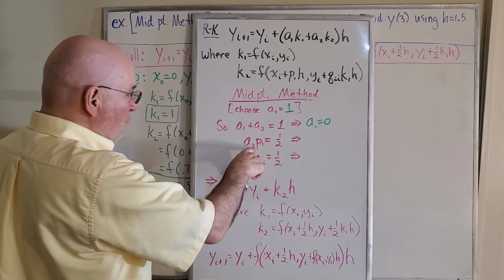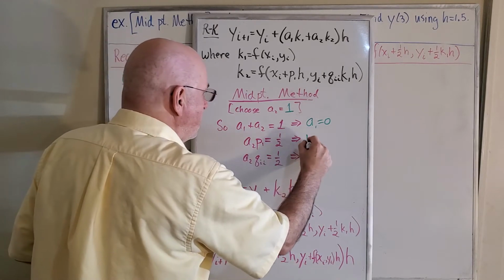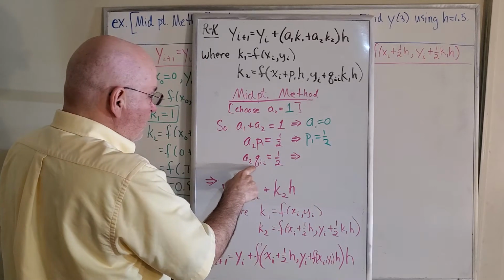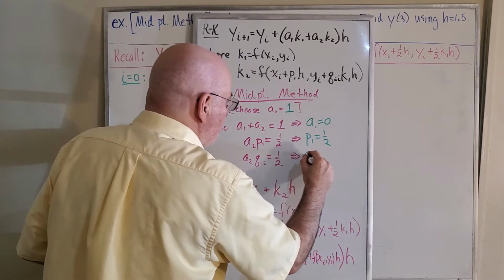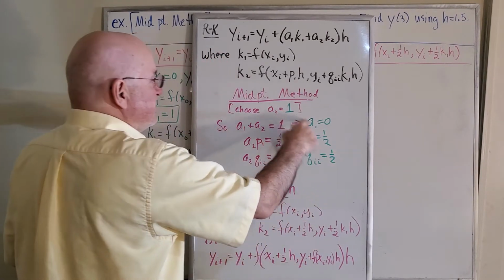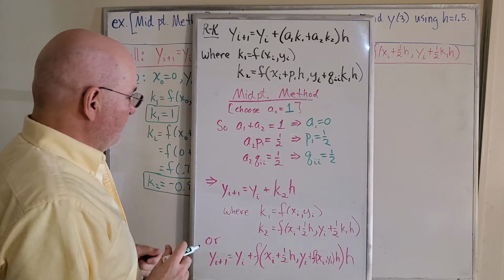And if A2 is 1, that means P1 is equal to 1/2, and it means Q11 is also equal to 1/2. So those are the four values of our parameters in the Runge-Kutta method called the midpoint method.